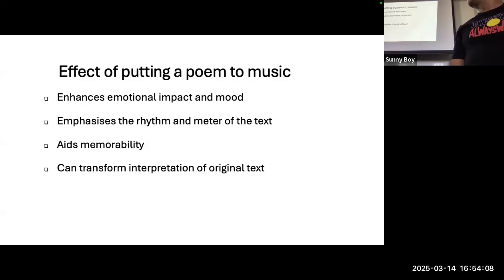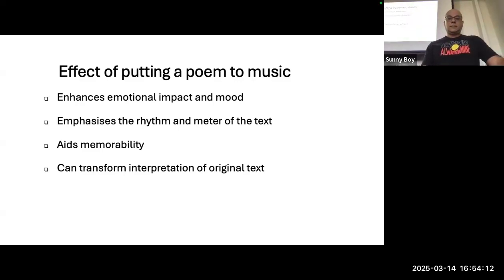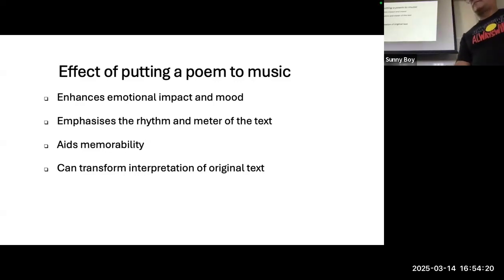Music also places a really large emphasis on the rhythm and nature of the text, which is very important because you're learning the language. It's a very effective way to learn the natural sequence of language. It also aids in memory.